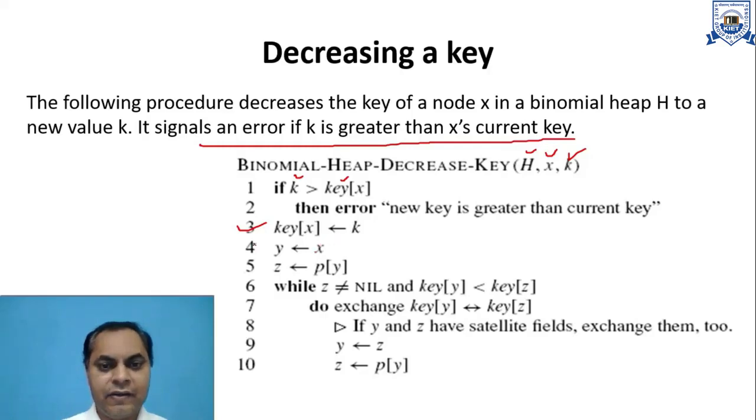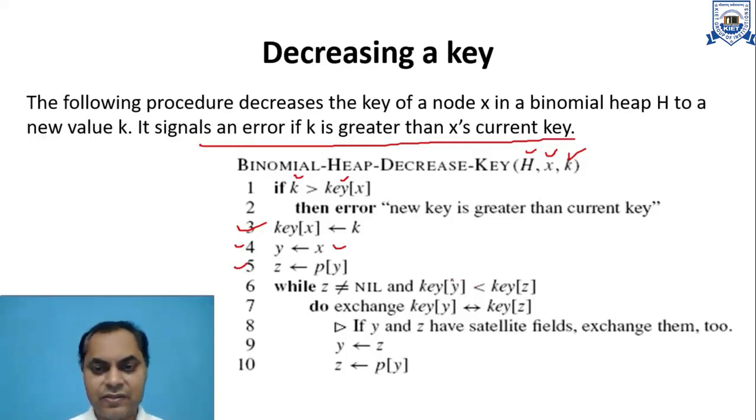For the time being, that particular node x is denoted as y, and let's find the parent of y, which will become z. While z is not nil, that means the parent of y is not nil, and key of y is less than key of z. Let me remind you, y is a temporary name of the node x whose value got decreased.